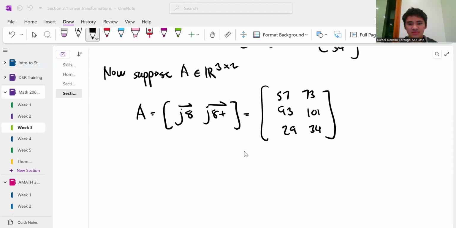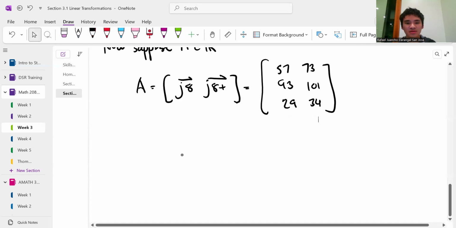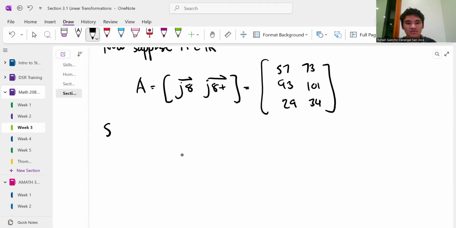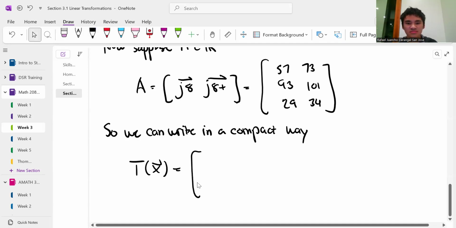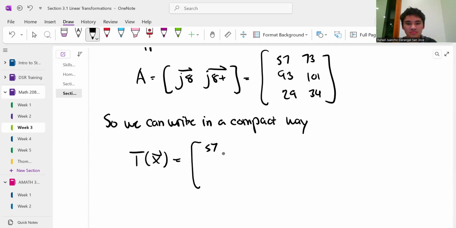What we're saying here is that we can write this in a compact way. Our function T that takes in a vector is actually just this matrix A, and we can multiply it by some vector.